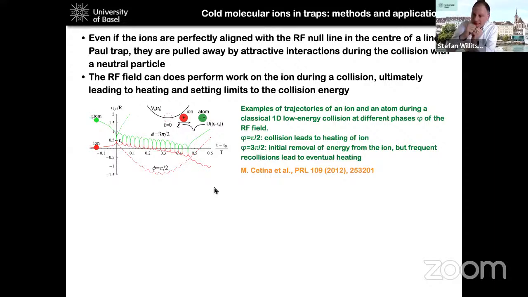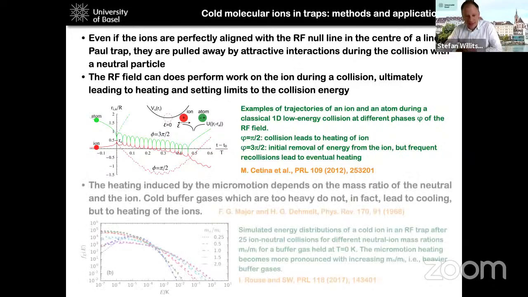So even if you have perfectly cold, perfectly micromotion compensated ions, even if we have cooled them down to the motional ground state of the trap, and even if we have ultra-cold atoms, through these collisions, if they are elastic, and you already have a couple of them, you get heating of the ions because of micromotion interruption.